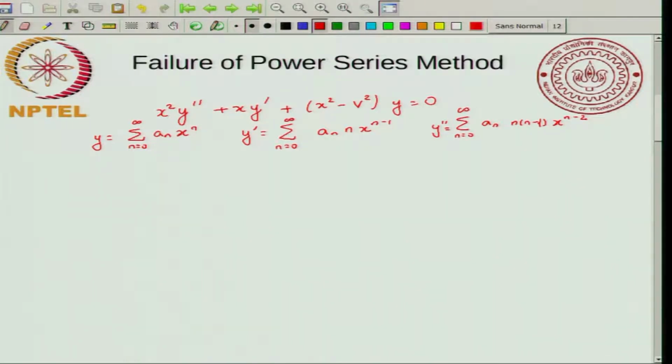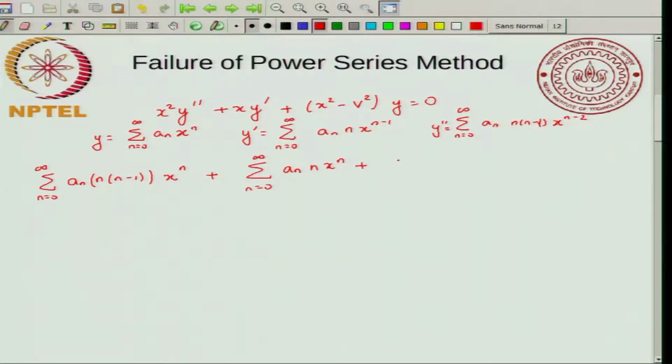When you substitute in this equation, what you will get is the following: sum over n equal to 0 to infinity a n n times n minus 1 x raised to n, plus sum over n equal to 0 to infinity a n n x raised to n, plus now you will get two terms.